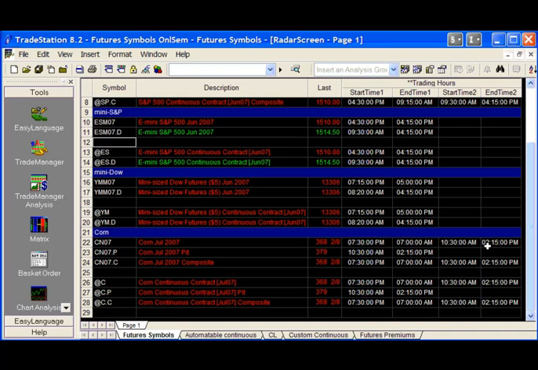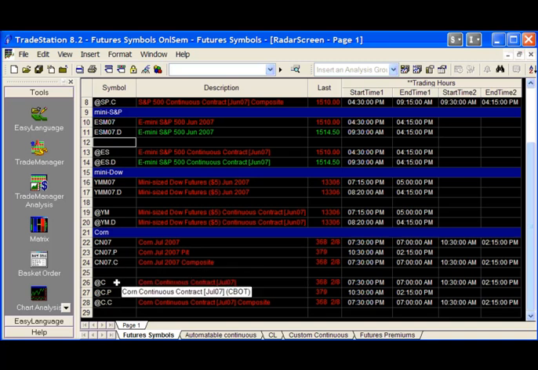So in some ways, this .C symbol is now a moot point, since we do have the electronic. It still exists in our database. You're welcome to use it, but again, this change occurred last year as we began to have the daytime electronic trading of the grains.